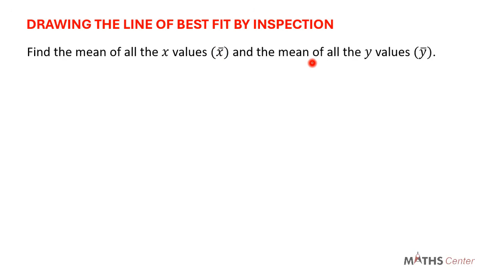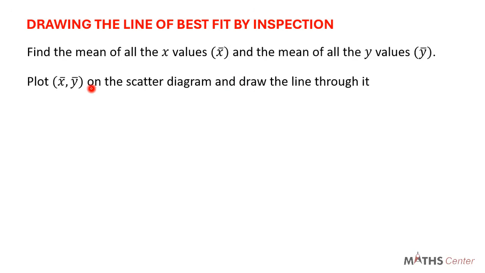And you also find the mean of all the y values, that is the y mean, shown as y with a bar on top of it. After you have done this, you plot the x mean, y mean. You have the value for x mean and you have the value for y mean. So you plot it on the scatter diagram and you draw the line through it.